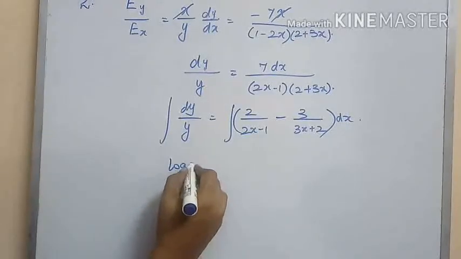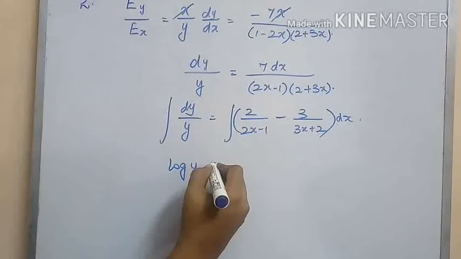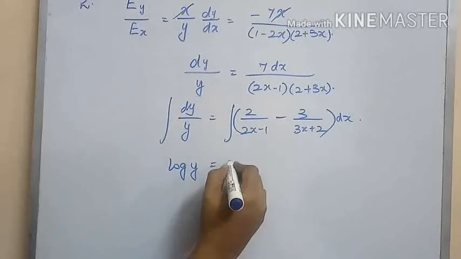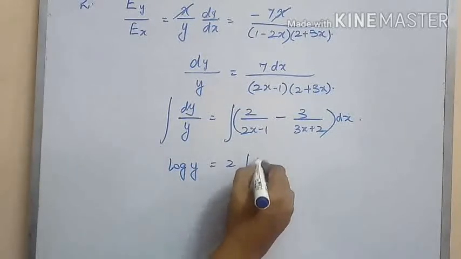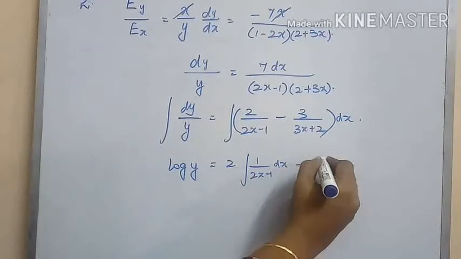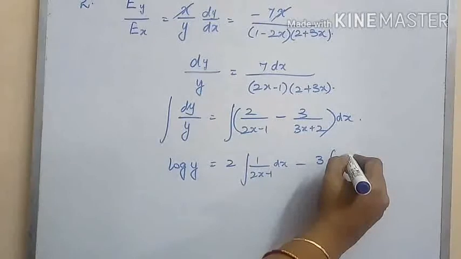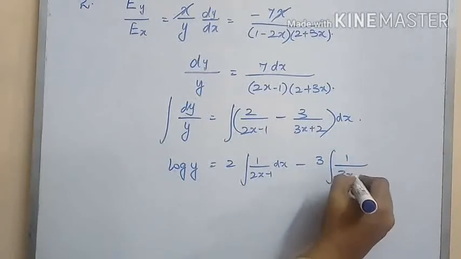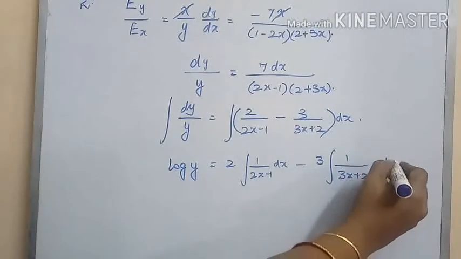LHS becomes log y. In the RHS, let us separate the integrals. So we have 2 into integral of 1 by (2x minus 1) dx minus 3 into integral of dx by (3x plus 2).